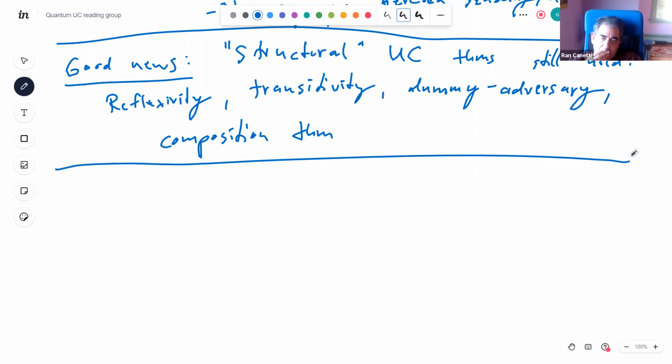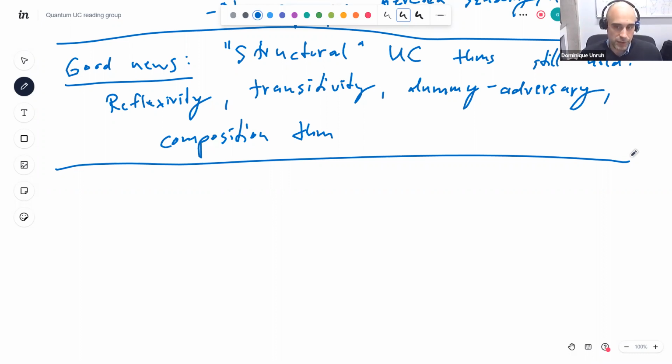Okay, so let me see where I was. This basically captures the analogy of classical UC in the quantum setting. And as I said, the message is that nothing bad happens. Of course, if you have a concrete protocol and you ask, is this quantum secure?